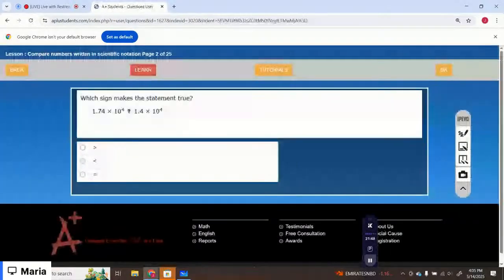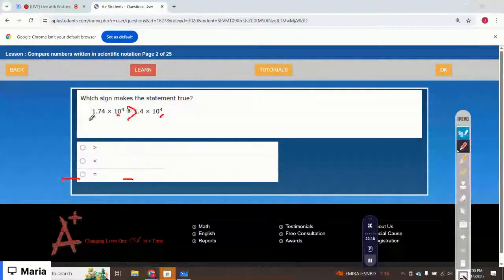Which sign makes the statement true? 1.74 times 10 exponent 4 and 1.4 times 10 exponent 4. So which is the correct option? Just look at the exponents of 10. Here you have 4 and here you have 4, right? Their exponents are exactly equal. So look at their coefficients. We have 1.74 and 1.4. So 1.74 is more than 1.4.